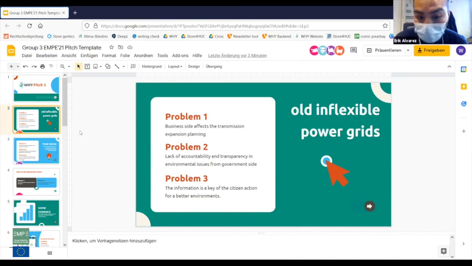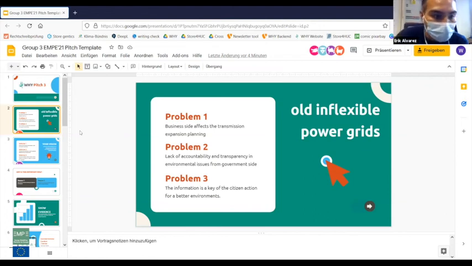Information is also key to citizen actions for a better environment. Power grids are really important in order to deliver energy from the generation to the demand side. However, the planning process involves only some parts of that, but we need more participation from the citizens, for the demand, from the transmission, and from all the stakeholders around, no?